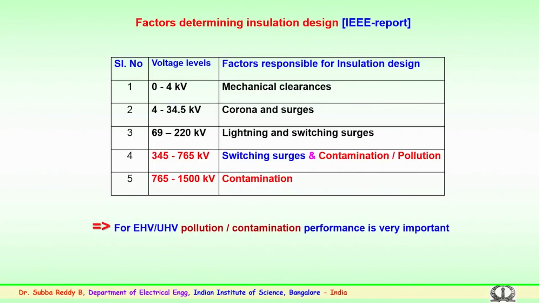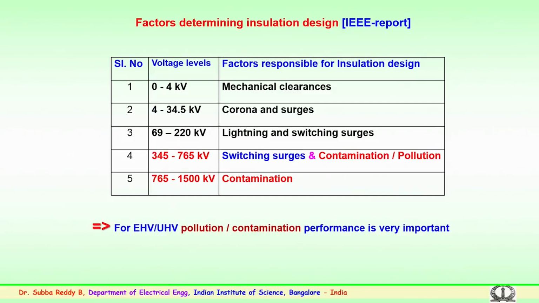So, before going into further details of the insulation, there are important factors which determine the insulation design. When we look into the IEEE technical report which is available, this report clearly demonstrates the factors for voltage levels up to 4 kilovolts.